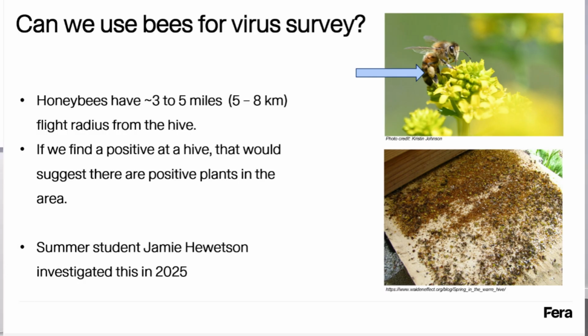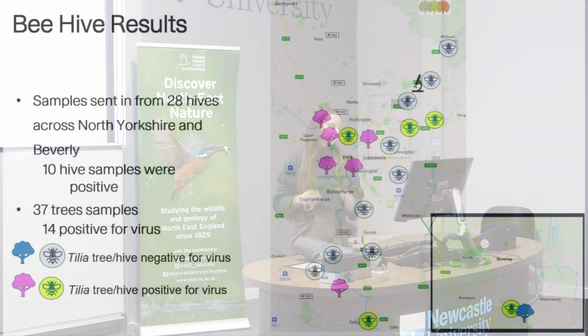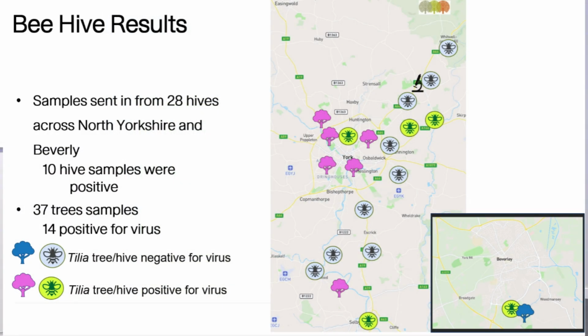surveillance efforts. So last year, we had a summer student called Jamie Hewitson who investigated this work. They got in contact with Yorkshire and Beverley beekeepers, and were sent samples from 28 hives, some of which are shown here, and 10 of them tested positive. So if it's a light blue bee, it was negative, and yellow bees are positive.